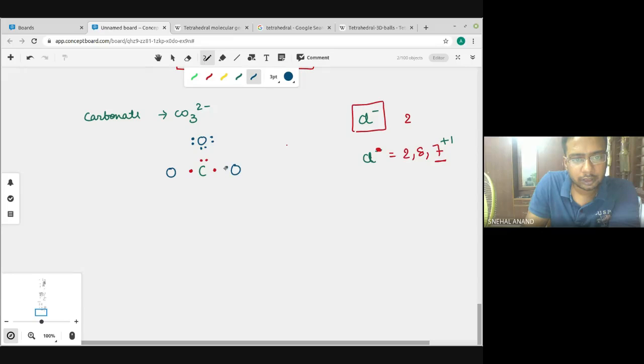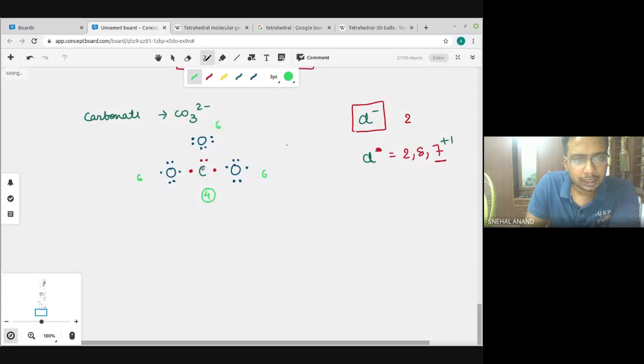This oxygen also had 6 electrons. I'm drawing one of these electrons on the other side. And this oxygen also had 6. You can draw electrons anywhere you want, that is not a problem. Fine. This carbon has 4 and they have 6, 6 and 6.